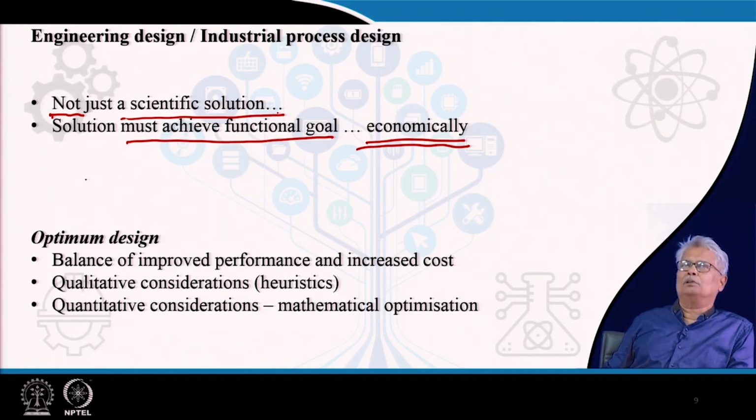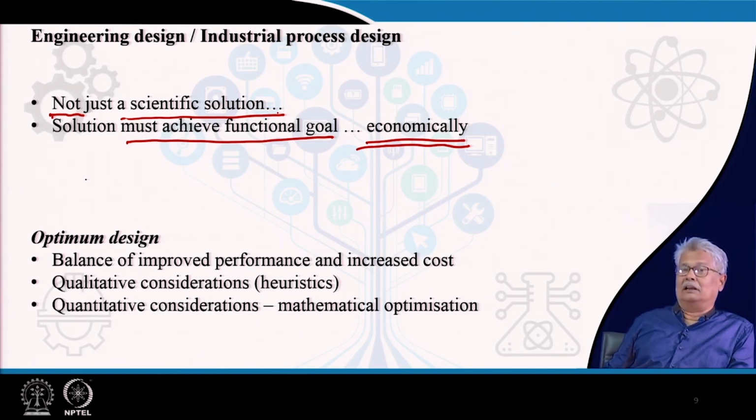Now, in order to obtain the optimum design, it is essential for us that we achieve it quickly. Quite often there are quite a few thumb rules or heuristics. These are basically the qualitative considerations.